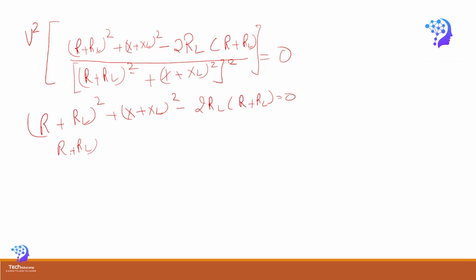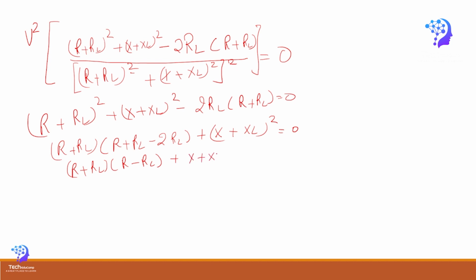So it will be (R plus RL) minus 2RL plus (X plus XL) whole square. Okay, because there was a plus sign. Sorry about that, I didn't see that. So it will be (R plus RL) into (R minus RL) plus (X plus XL) whole square equal to 0.